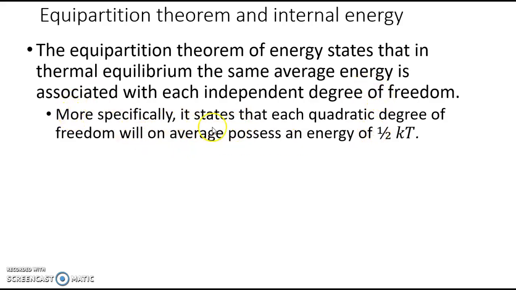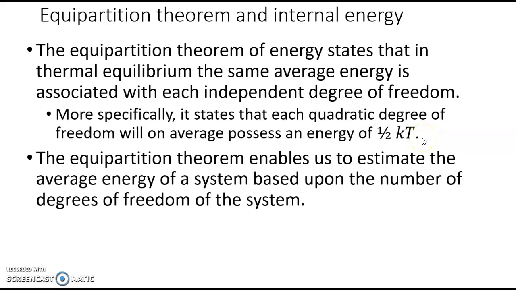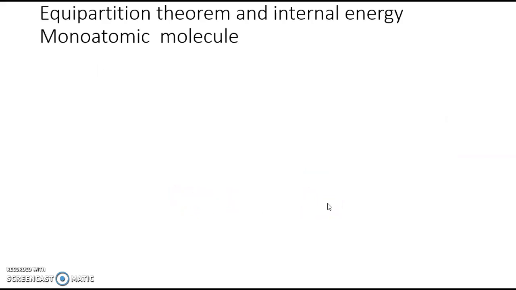More specifically, it states that each quadratic degree of freedom, and all of them are quadratic degrees of freedom, on the average possesses an energy of half kT per molecule. Because of that, we can use it to estimate the average energy of a system based on the number of degrees of freedom of the system.